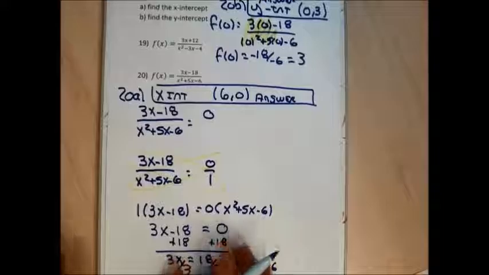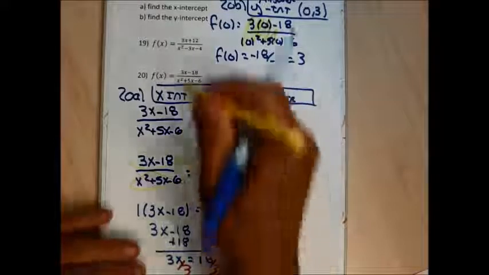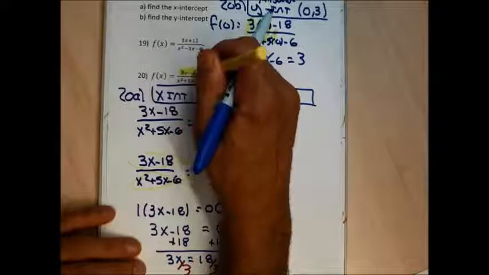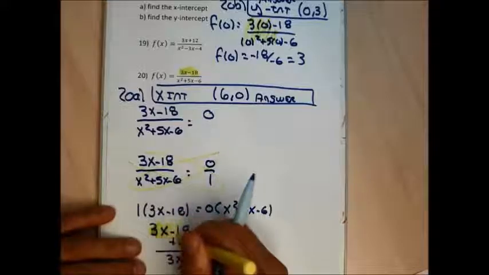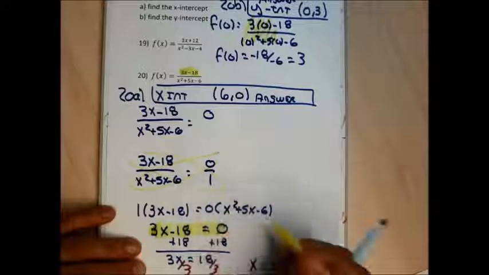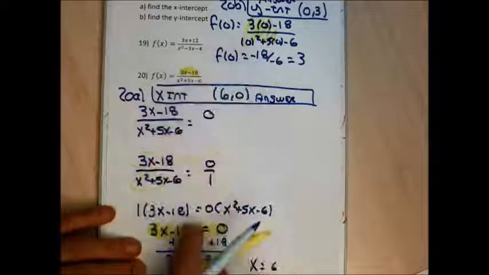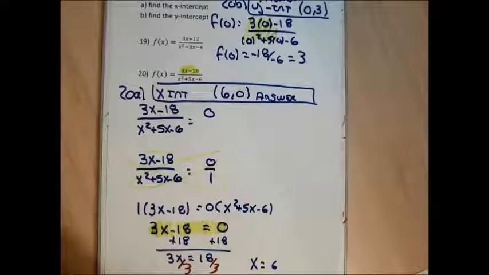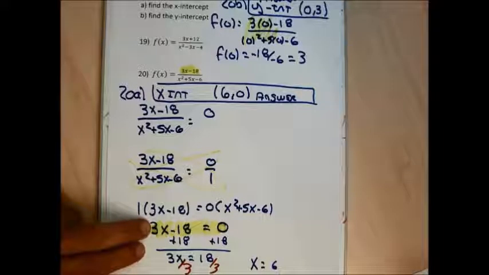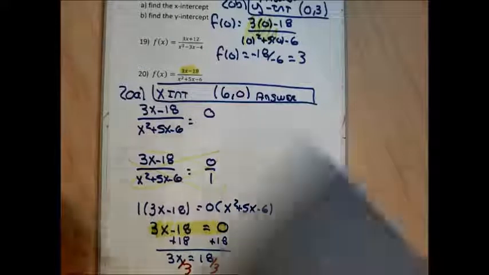Real quickly, look at the algebra for my x-intercept. The algebra for my x-intercept ultimately came down to solving 3x minus 18 equal to 0. That's not a coincidence that the algebra ultimately came down to setting the numerator equal to 0. In problem 20, the algebra wound up having the numerator equal to 0 at some point.